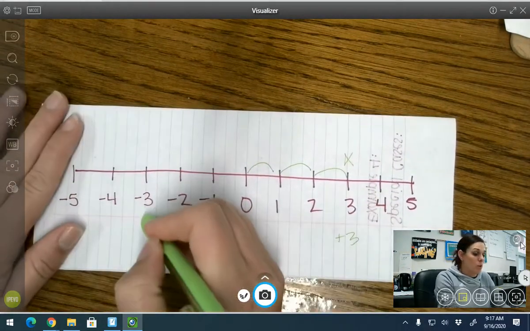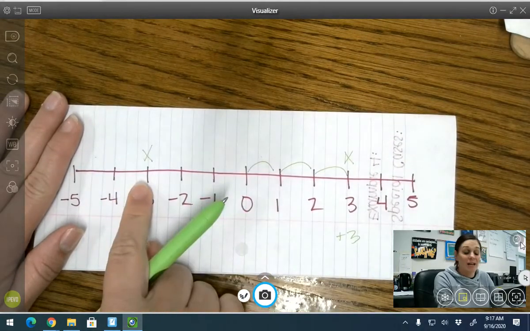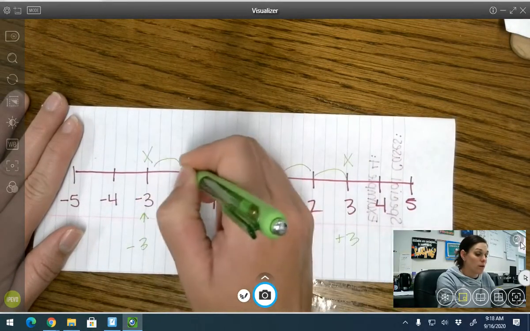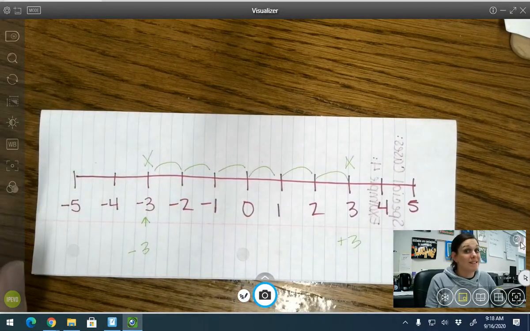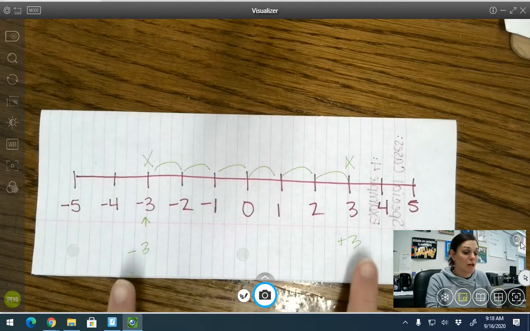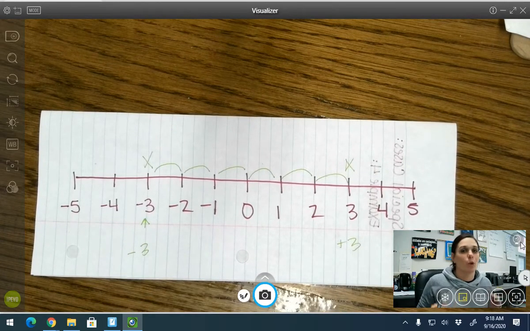But when I'm with negative 3, located here on my number line, I am also 1, 2, 3 spaces away from 0. So notice I get the same answer for 2 different numbers. Today we're going to be exploring absolute value when working with equations.